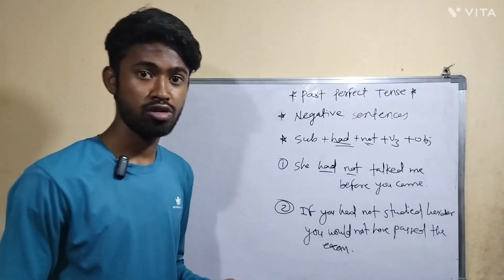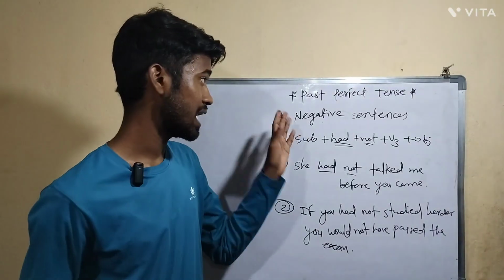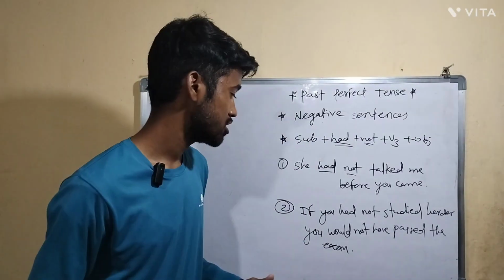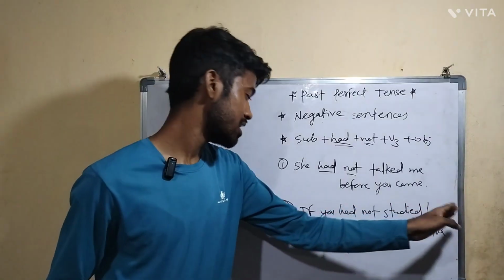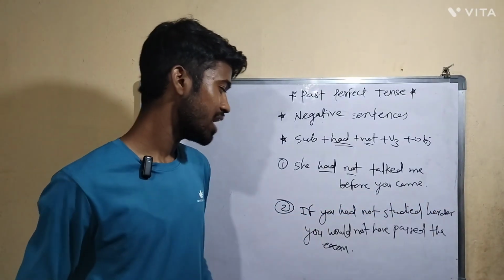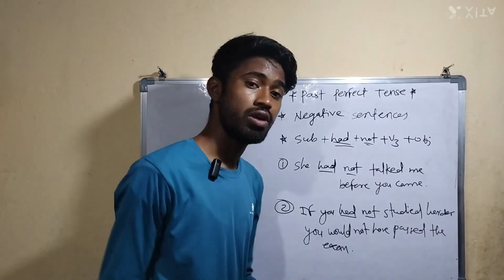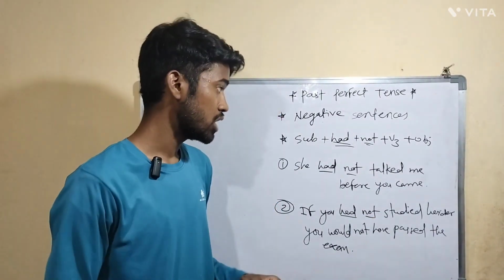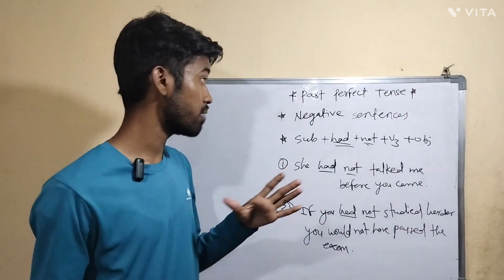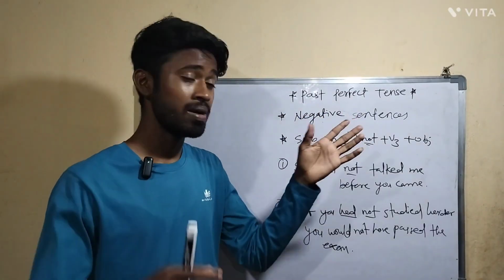This is just the opposite of the previous example which we took in the positive sentences. Now see here, after had we used not. That's it. You understood up to this how you have to frame sentences in past perfect tense, in positive and in negative.